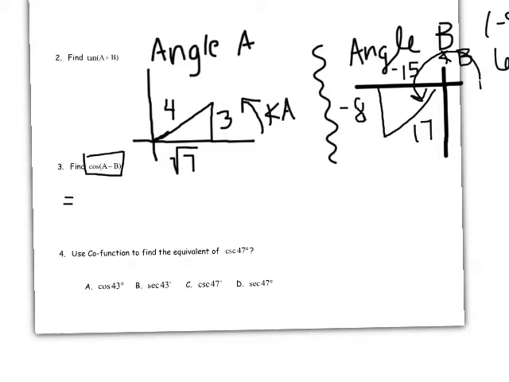So cosine of A minus B. Looking on your formula chart, I want you to match cosine of A minus B, and it matches to cosine A times cosine B plus sine A sine B. So you need to write that down.